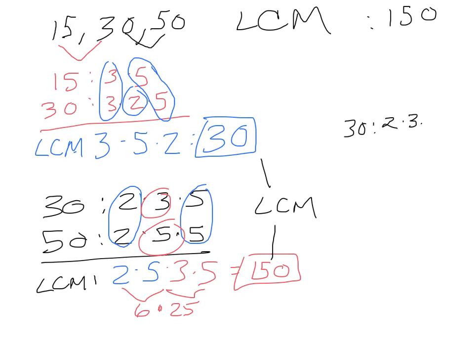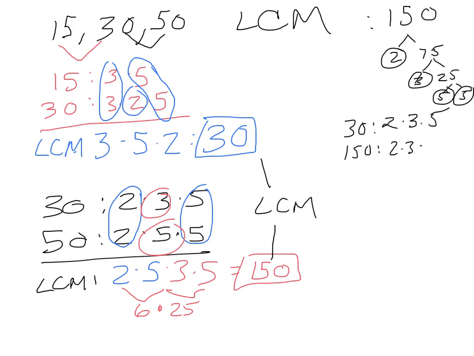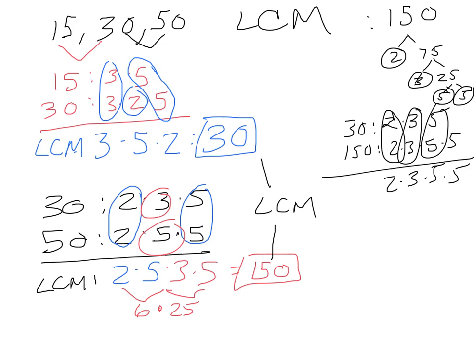Again, we know 30 and 150. 150 is 2 times 75, and then 75 is 3 times 25, so 5 and 5. 2 times 3 times 5 times 5. And here we have it. And there's your LCM. And believe you me, that is 150. Hopefully this is making sense.